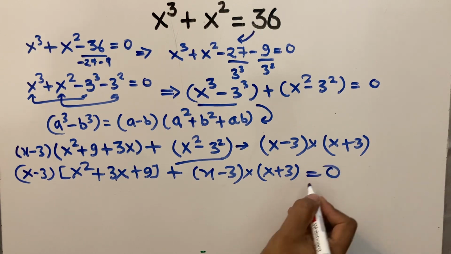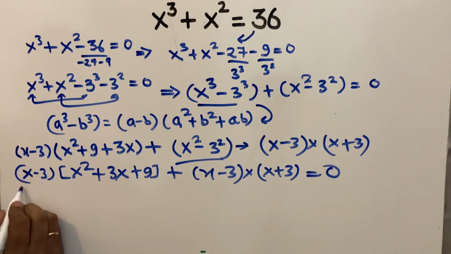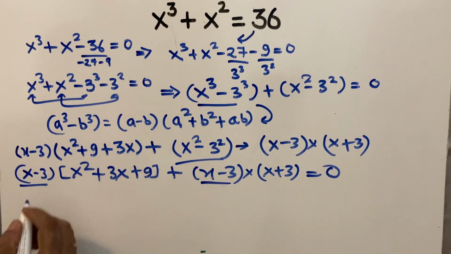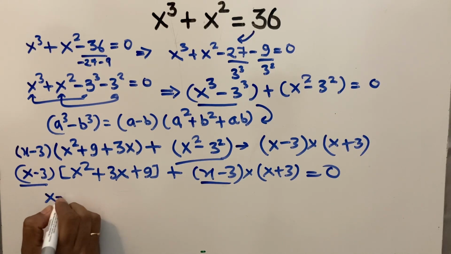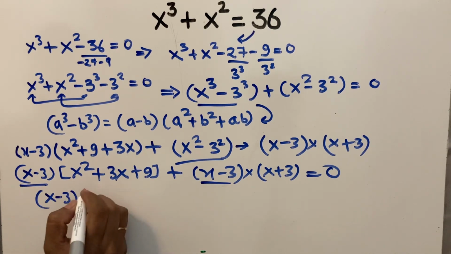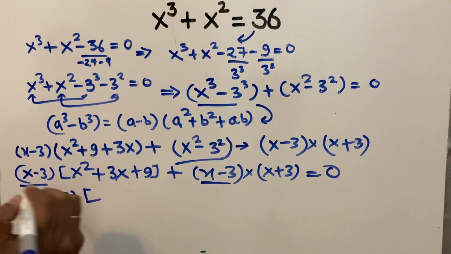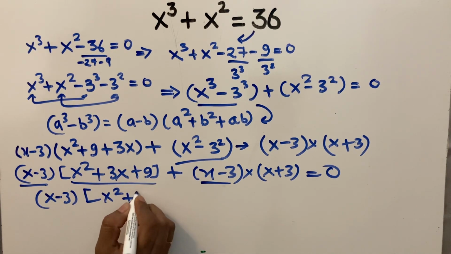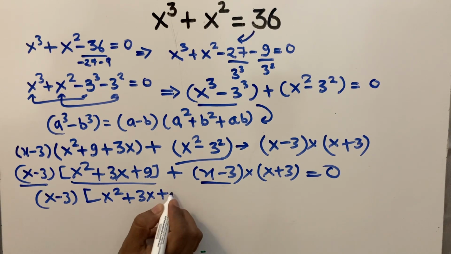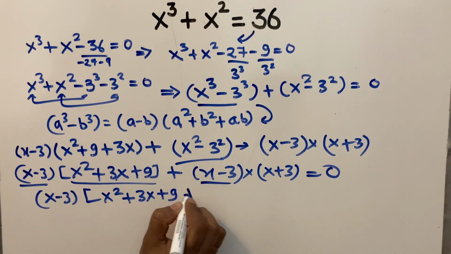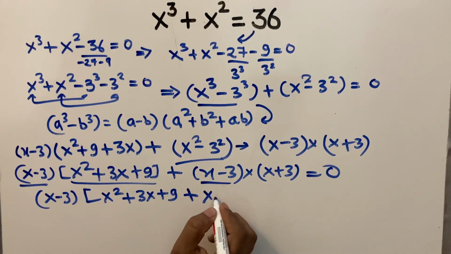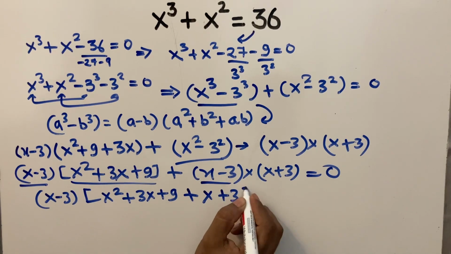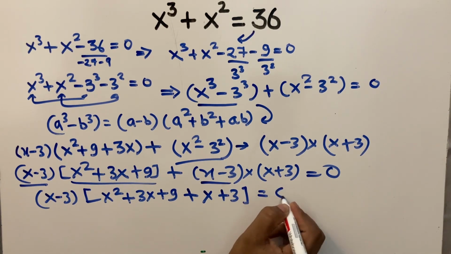equals 0. x minus 3 is common here. Take x minus 3 as common. So the equation becomes x minus 3 multiply x square plus 3x plus 9 plus x plus 3 equals 0.